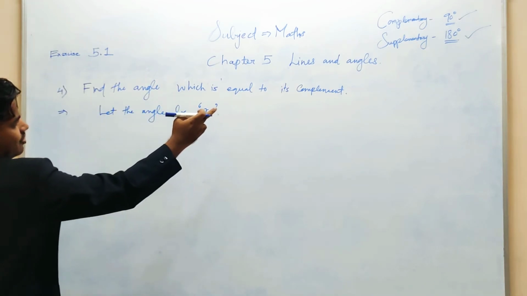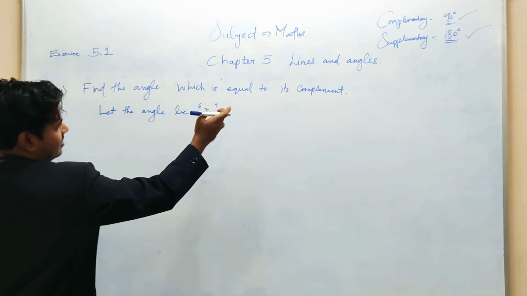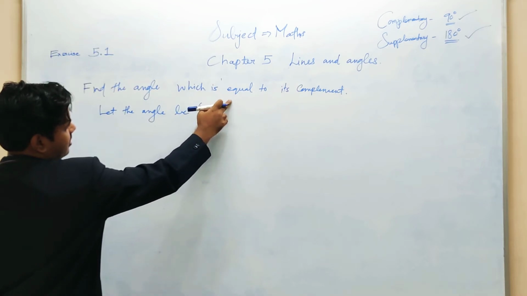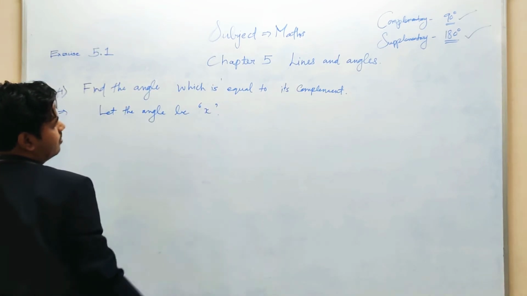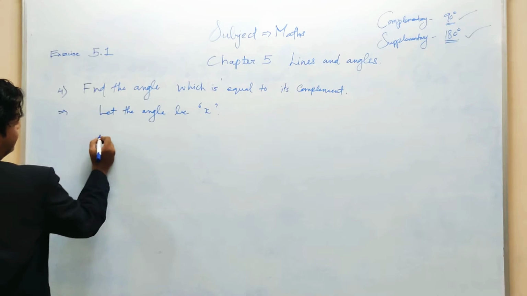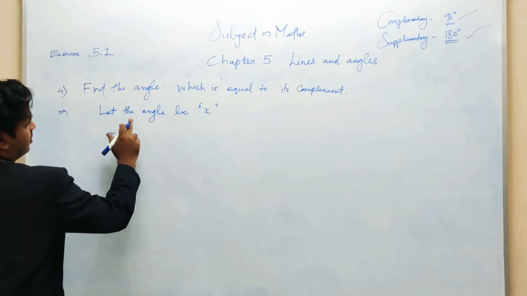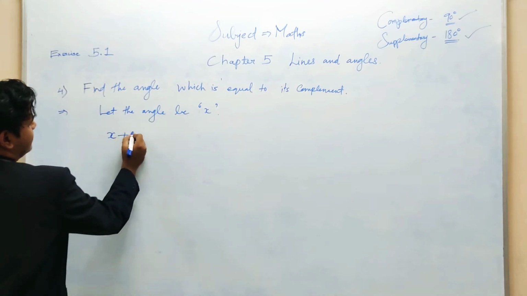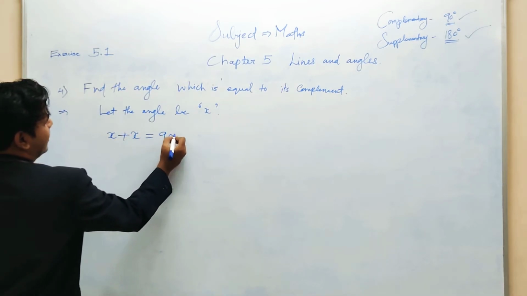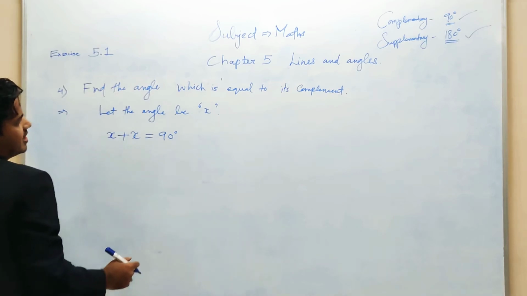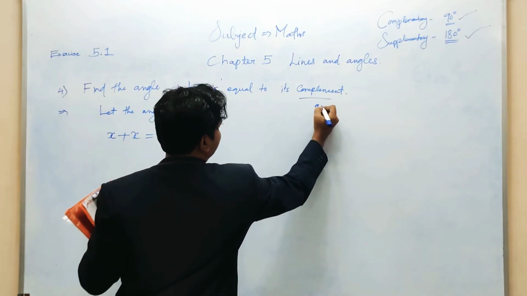So we have to find out the complement of the angle. We have to find out an angle which is equal to its complement. So both the angles, let the angle be x, x plus x is equal to what? 90 degree. Complement means 90 degree.